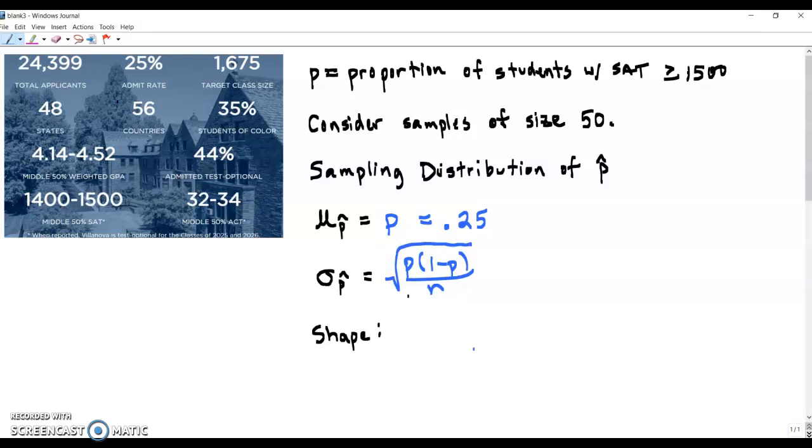There's a condition called the 10% rule. We can only use this standard deviation formula if the population size is at least 10 times the sample size.